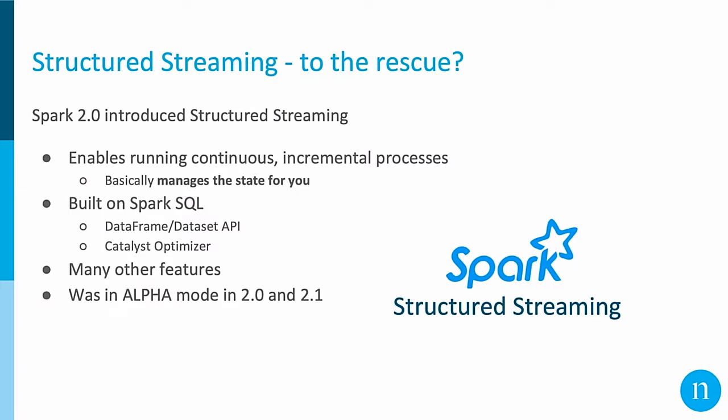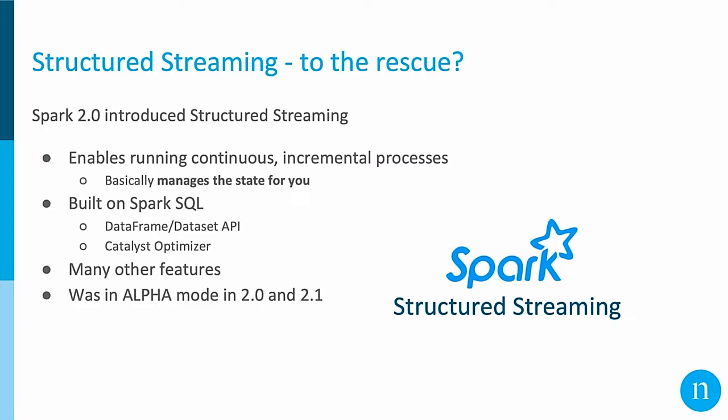Luckily for us, in Spark 2.0, a new feature was introduced, or a new way to do streaming, that's called structured streaming. The main focus of structured streaming was to enable continuous incremental processes. So basically, it managed the state for you, which was really good for us. It was built on top of Spark SQL, and it was using the data frame or dataset API. I'm imagining that most of you are familiar with it, but basically it's similar to tables in a relational database.